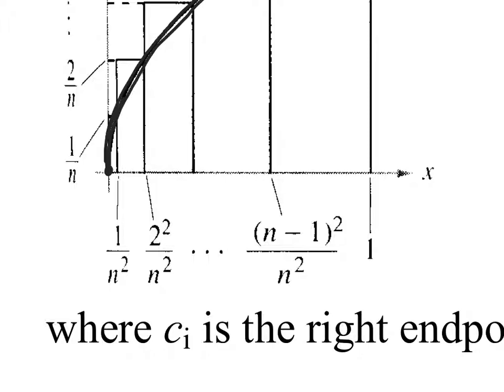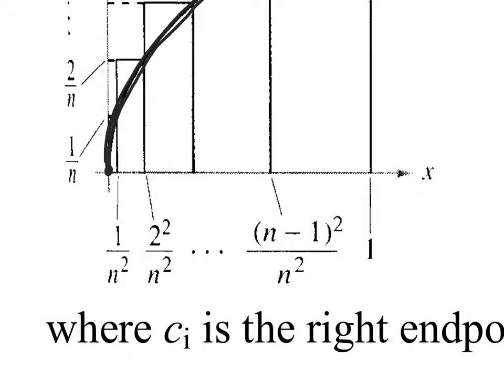When i is 2, we have 2 squared over n squared. When i is 3, we have 3 squared over n squared, all the way up to n minus 1 squared over n squared, and then n squared over n squared would just be 1. Those are the different x coordinates we're dealing with.